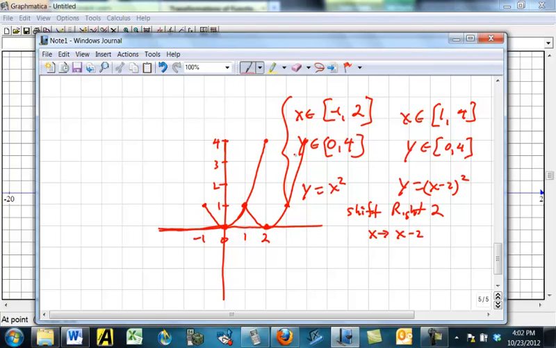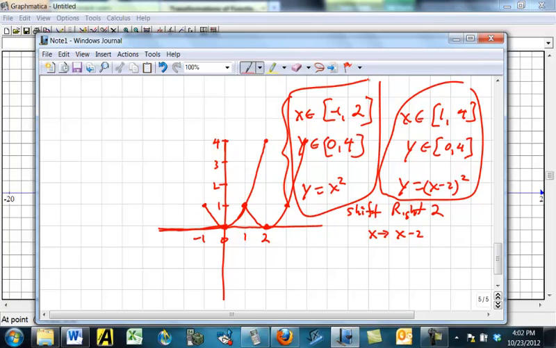So if we do a stretch now, we did it in stages, from there to there. And now we go for another one. Let's say we're going to expand horizontally, centered on the y-axis by a factor of 2.